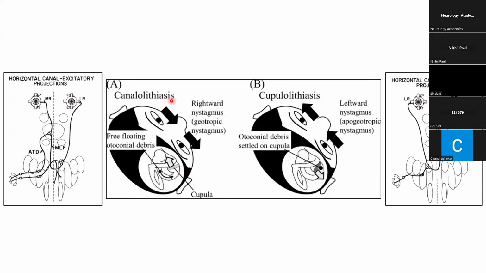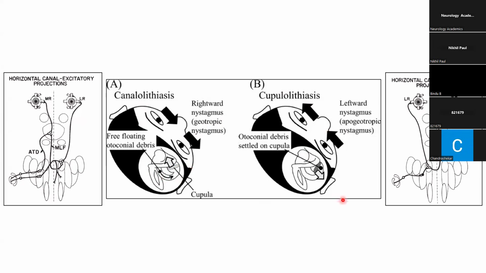So here, when I turn the head to the right side in a right horizontal canal canalolithiasis, the nystagmus is towards the same side, that is towards the ground. This is called a geotropic nystagmus, occurring in canalolithiasis. The mechanism is that because the debris is freely floating, it goes towards the ampulla and activates the canal.